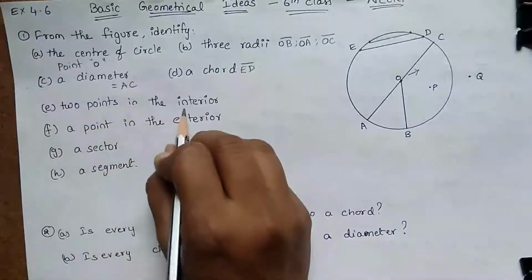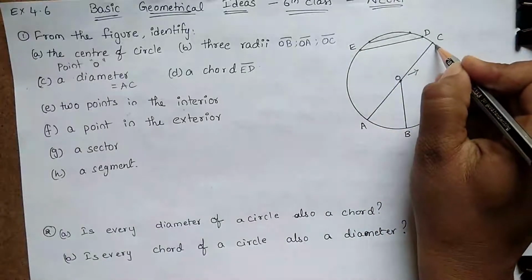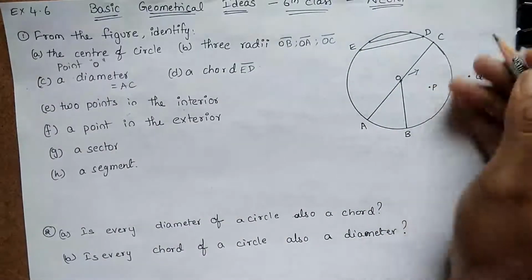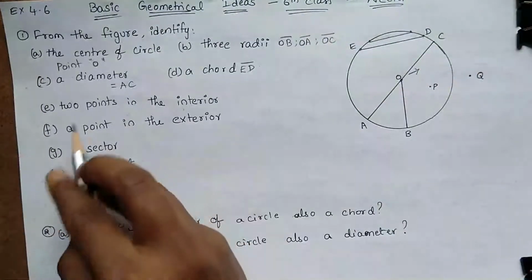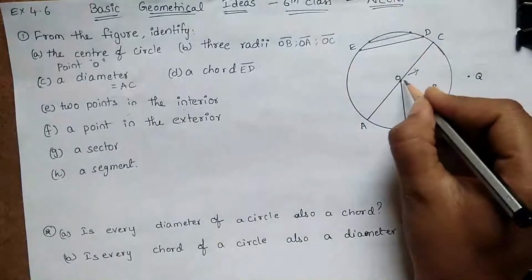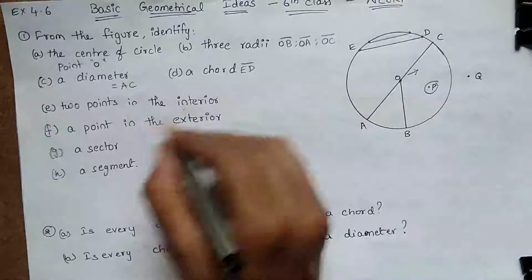Two points in the interior. The circumference is the boundary, so interior means its inner part. There are 2 points, O and P. I am writing P here.